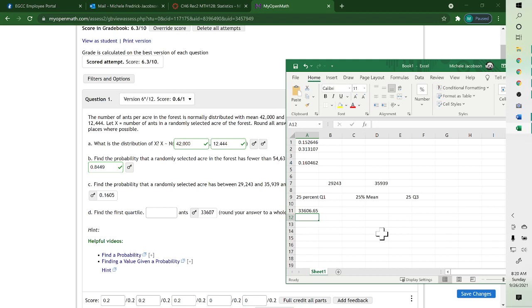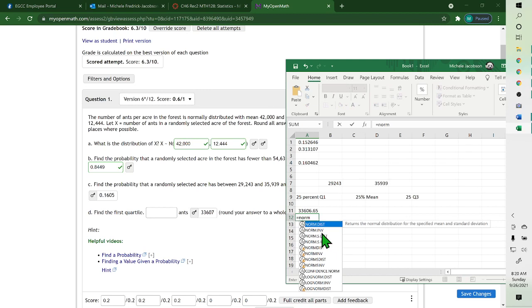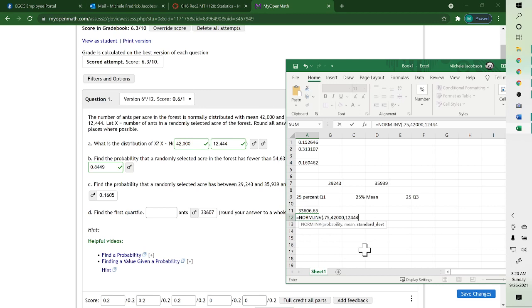So you would put equals norm, and you want the value, so that's the inverse. Double click it, put your probability 0.75, comma your mean 42,000, comma standard deviation, and hit enter. And so this would be the upper quartile, or Q3.